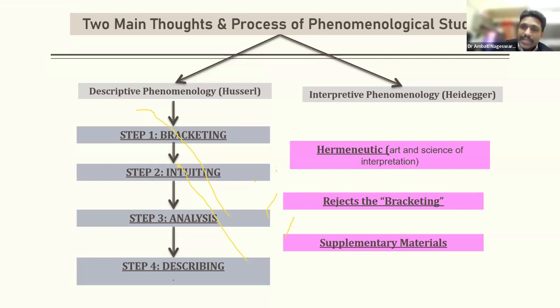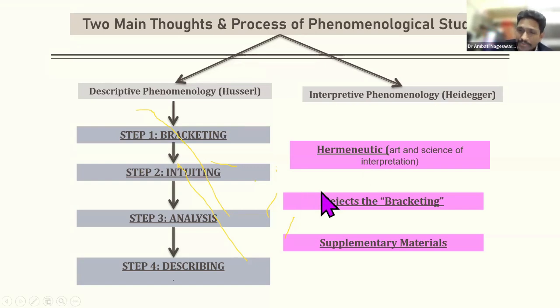I'm going to understand what he or she is sharing about their experiences. I'll try to interpret based on my analytical skills. I'll also use the existing materials, existing studies, existing reports. I co-create the knowledge. Means, instead of only relying on my respondent, I'll try to understand what he or she said, and I'll come out with my own interpretation. So we are going to co-create the knowledge as a part of interpretive phenomenology.